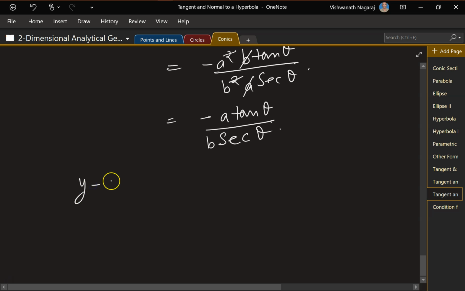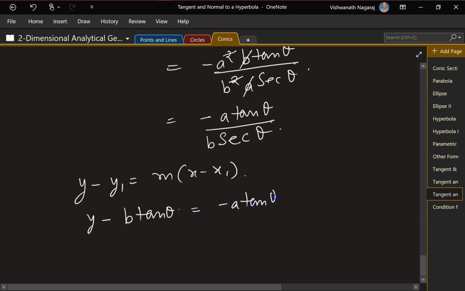Now the equation of the line would be y minus y1 is equal to m times x minus x1. So now let's do the substitutions. y minus b tan theta is equal to minus a tan theta by b sec theta times x minus x1, that is a sec theta.